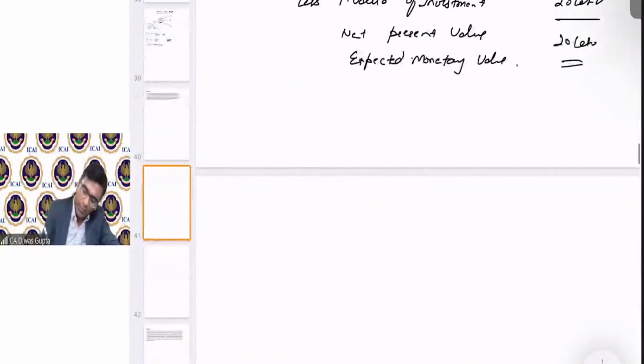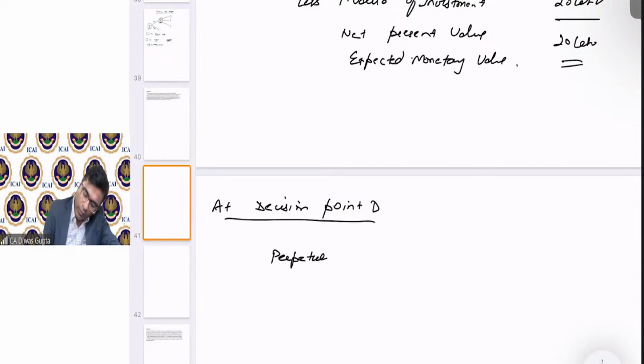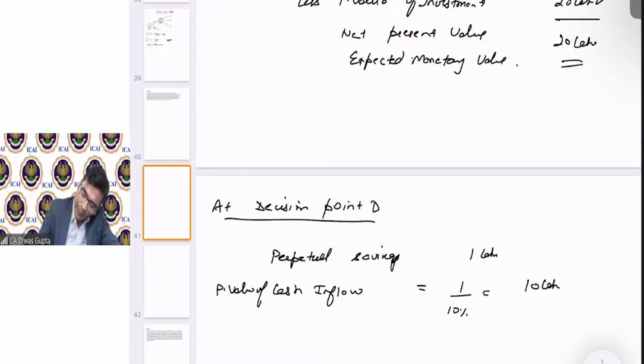Now let's come to decision point D. Perpetual savings is what? 1 lakh, right? So the present value of cash inflow will be 1 lakh divided by 10%, which is 10 lakhs, correct? Less cash outflow is 12 lakhs, right?